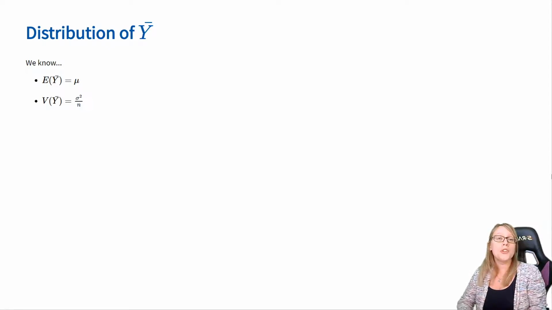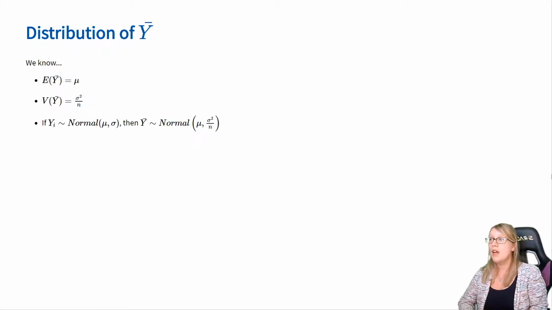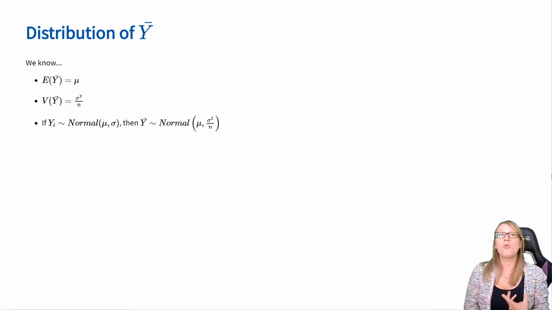We also know that the variance of the sample mean is sigma squared over n, where sigma squared is the population variance. Now, we've shown a related result for one particular distribution. We've shown that if our data comes from a normal distribution, if each of the yi's follows a normal distribution, then the sample mean follows a normal distribution as well.